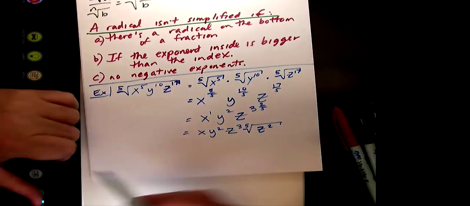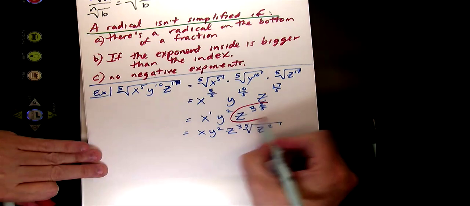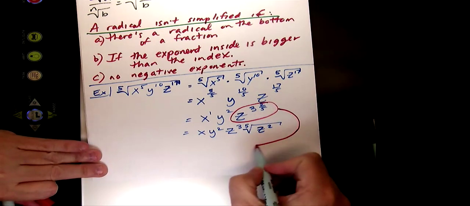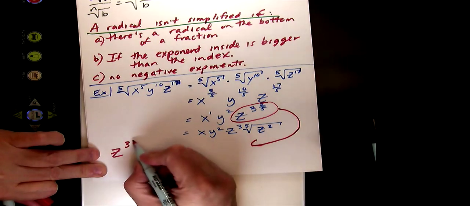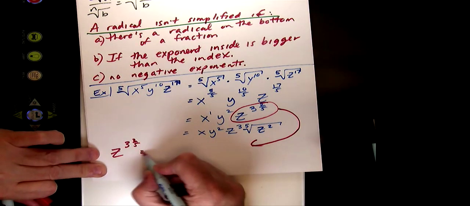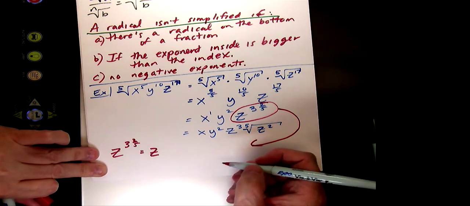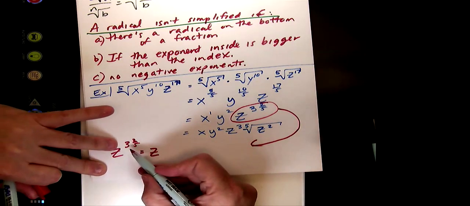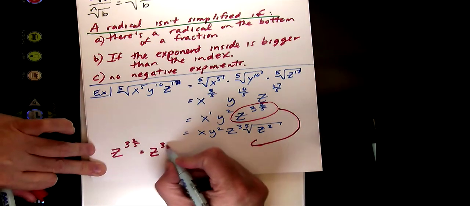Because the tricky part here is this part. Let's look at that. Here, this is z to the 3 2/5. You may not have thought about this in a really long time, if ever. But 3 2/5 is really 3 plus 2/5.